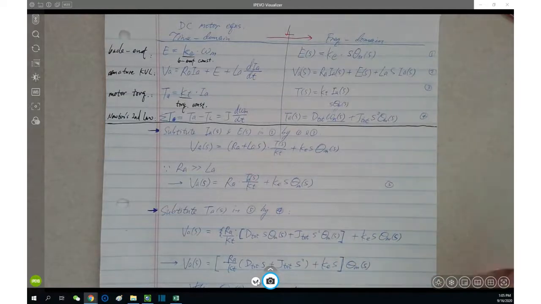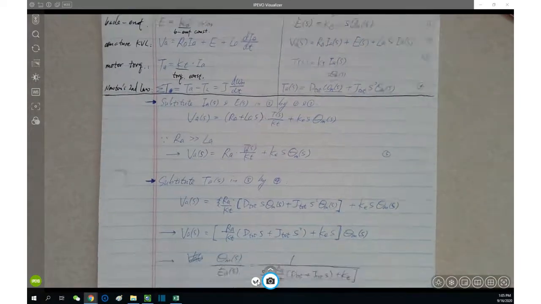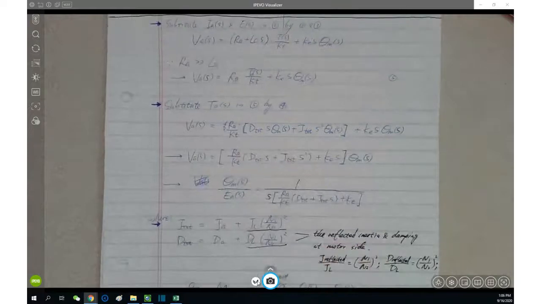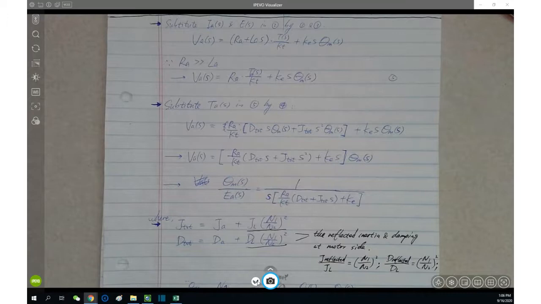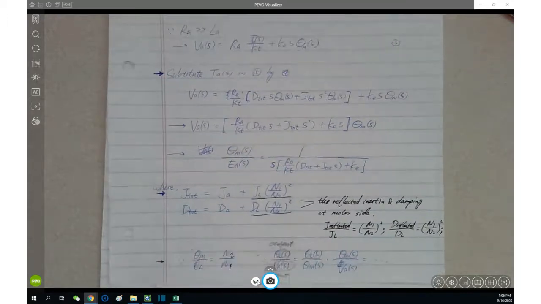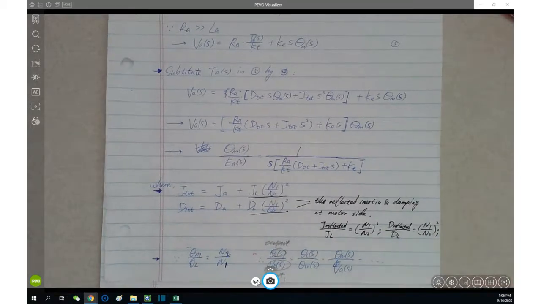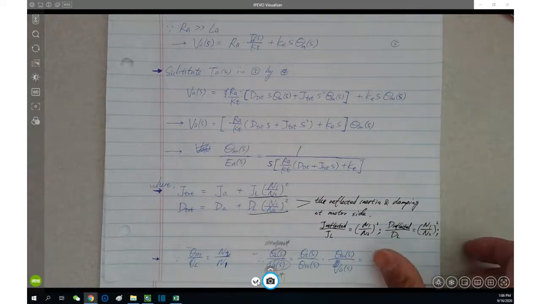Every variable is a function of S. If you're interested in real system analysis and modeling, you can go into this and let me know if you have any questions. Since this is not the most important knowledge in our class, I leave this as notes for you as supplemental material to study. Let me know if you have any questions.